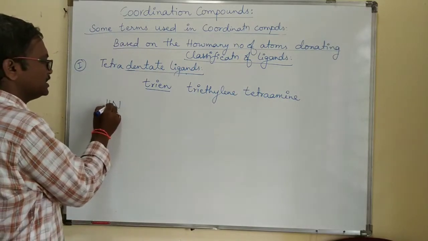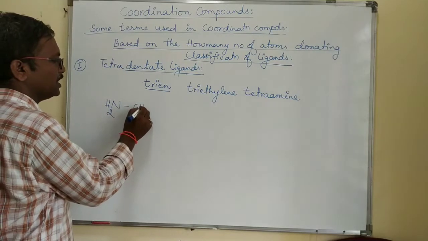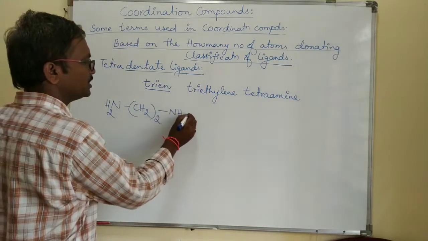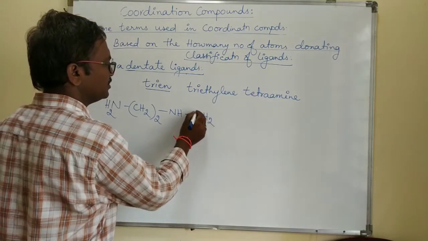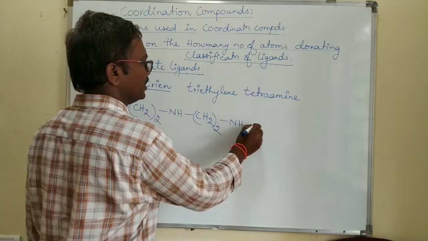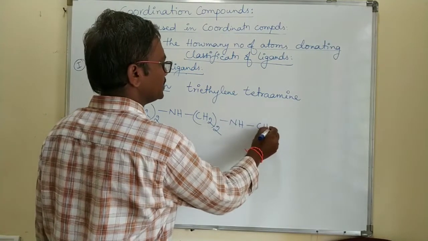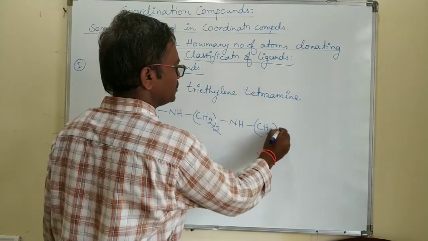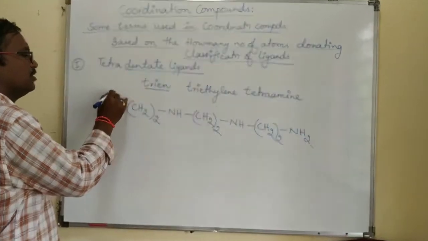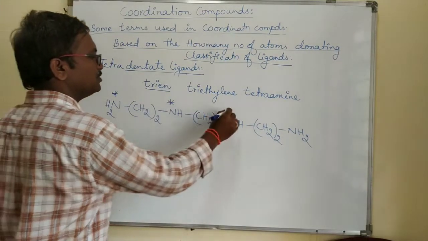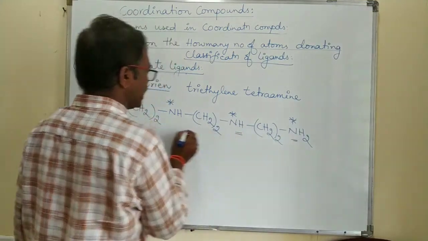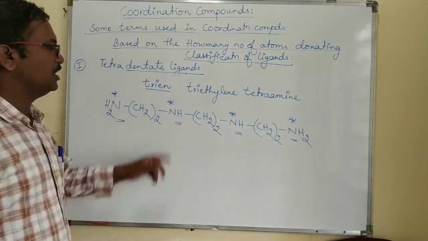You can write it as NH2, triethylene, CH2 twice NH, again CH2 twice NH, again CH2 twice NH2. So how many atoms? 1, 2, 3, 4. All these four nitrogens are donating.